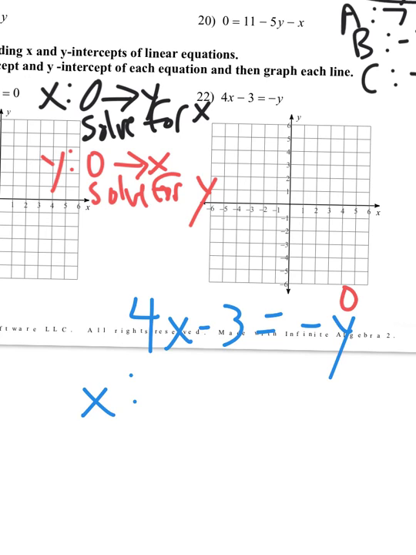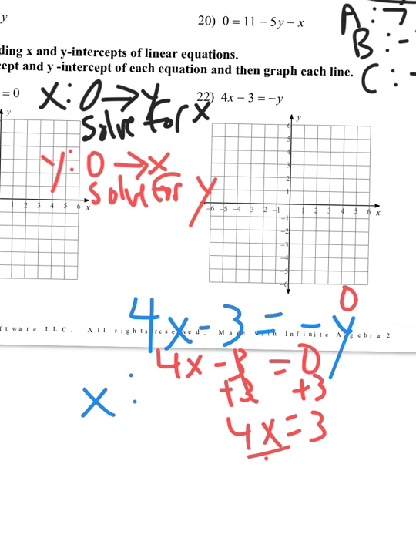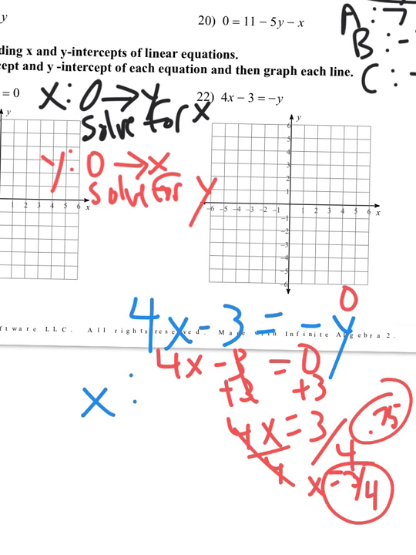Now notice we have negative 0 over there, so this side is just 0, so I get 4x minus 3 is equal to 0. Well, I want to solve that for x. I want to add 3, so 4x is equal to 3, divide by 4. And you can get fractions or decimals, so it's 3/4 or 0.75 if you want to think of it as a decimal.